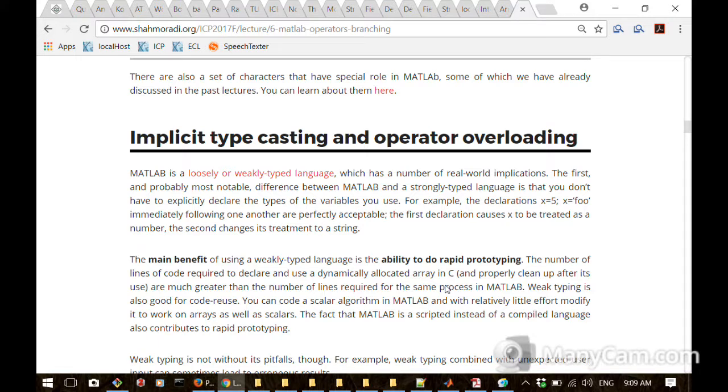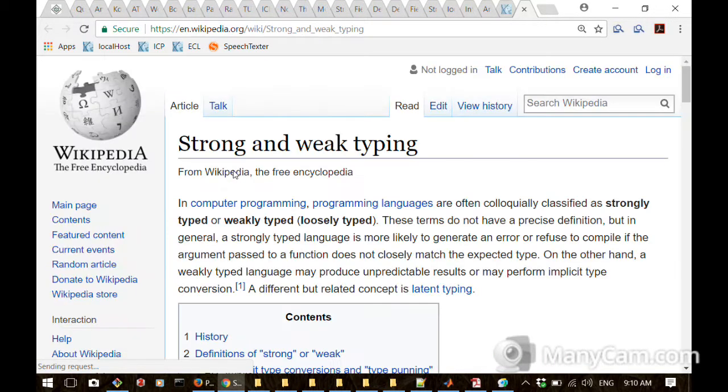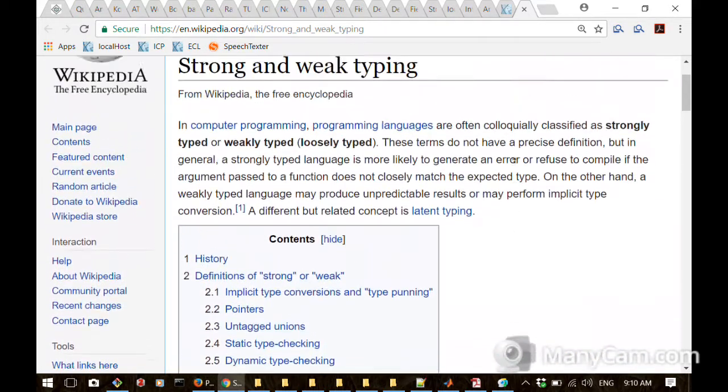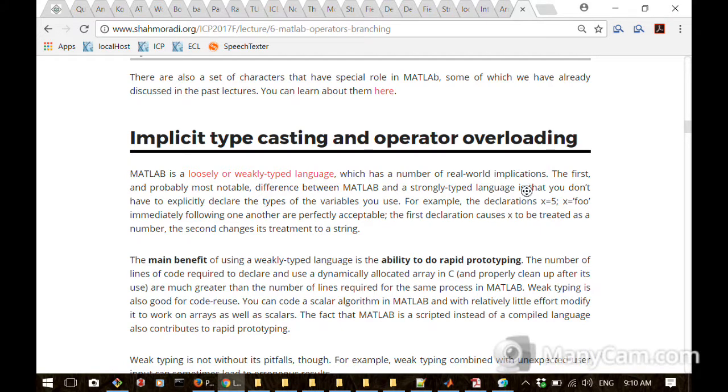Because of this, the compiled languages are called strongly typed languages, meaning that you cannot change the type of a variable later on in the code. But MATLAB is not like that, so it's called a weakly or loosely typed language. If you click on it, it takes you to the Wikipedia page, but basically that's what I told you right now.